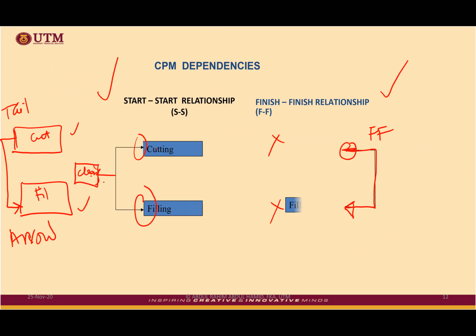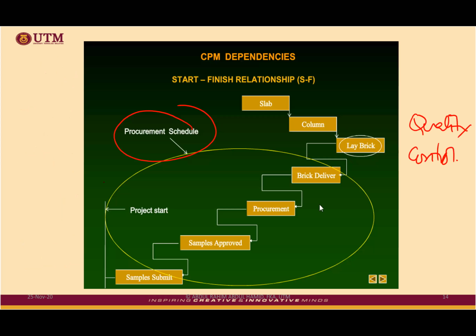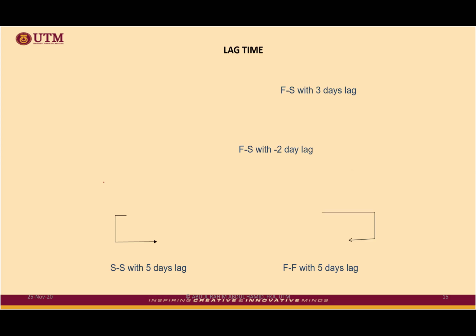Then for the PDM diagram, there is an additional feature we call lag time, LAG. There could be positive lag values, and they could be negative. And the negative one, sometimes people call it lead, L-E-A-D. In certain books, they call it lead, so that we can distinguish between positive and negative.